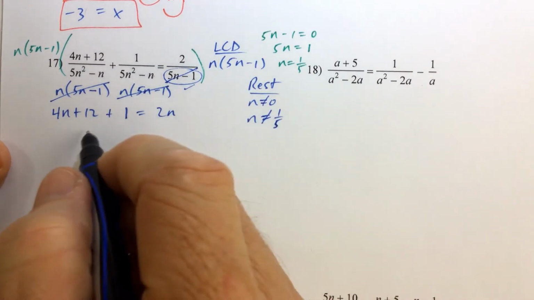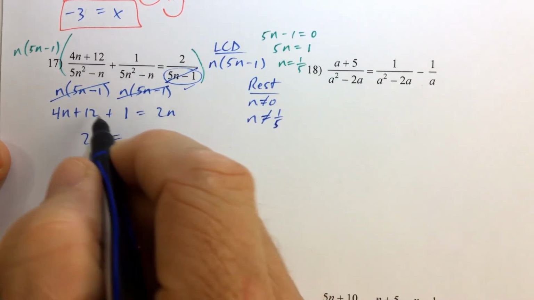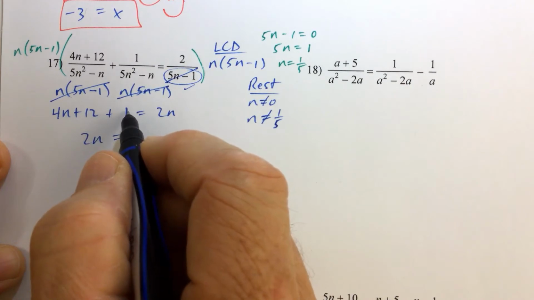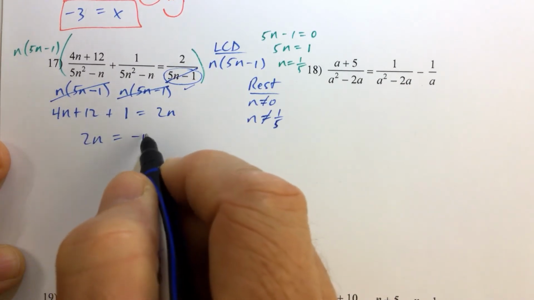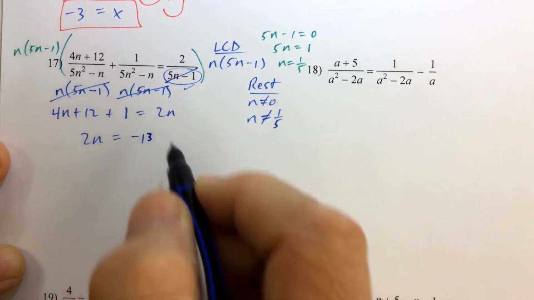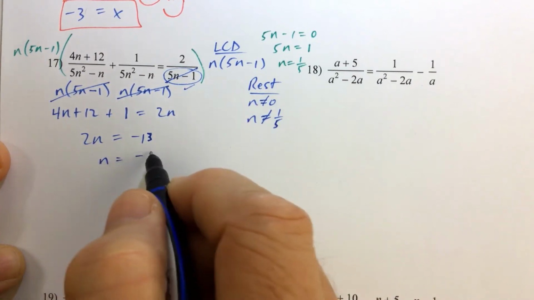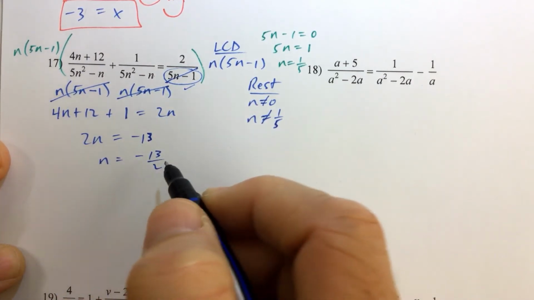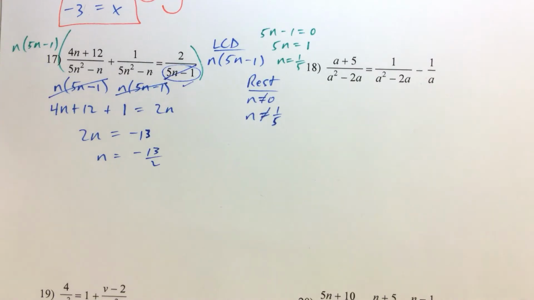If we subtract 2n from both sides, we get 2n on the left. 12 plus 1 is 13, so we're going to subtract 13 from both sides. We get negative 13 on the right. 2n equals negative 13, so n must be equal to negative 13 over 2.